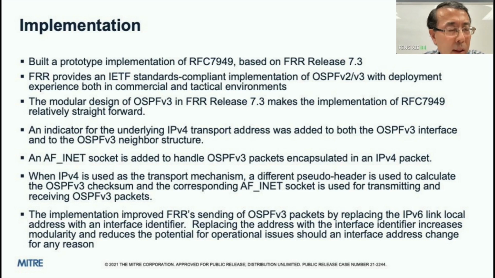And last but not least, we also implement the configuration part, or the network management part, to allow the user to control whether we want to have IPv4 as the transport for a certain interface. So in summary, for the code changes, we have network management enhancement, socket enhancement, and BFD enhancement, and also OSPF interface finite state machine and neighborship finite state machine enhancement. So enhancements are considered quite minor.